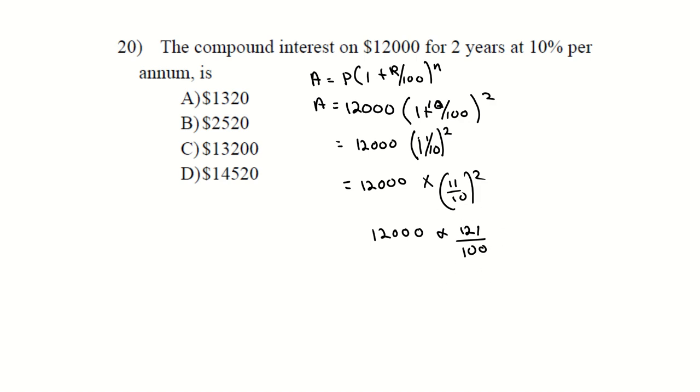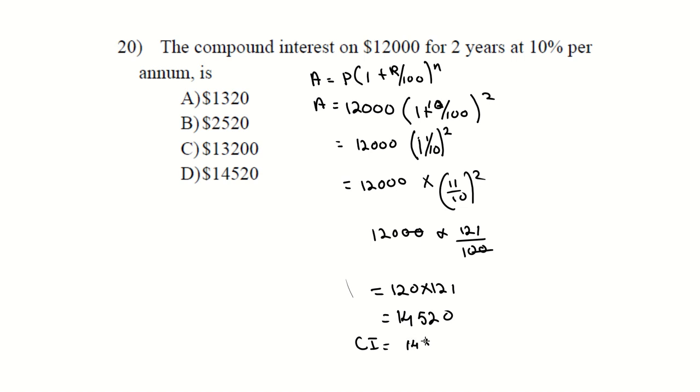Alright, this is what it's going to be. So you are multiplying, cross out this, so you'll get 120 multiplied by 121, which equals 14,520.